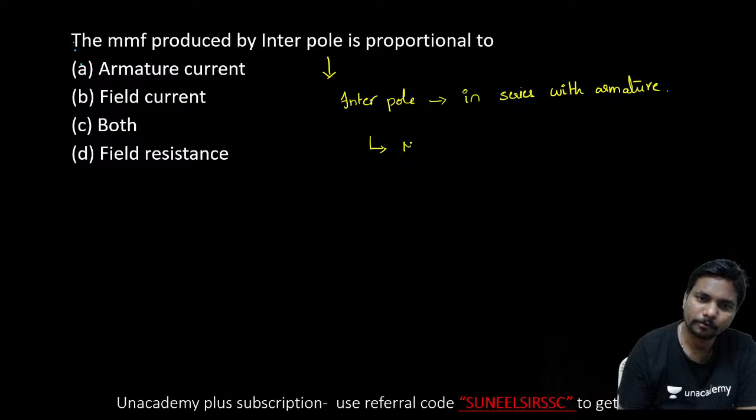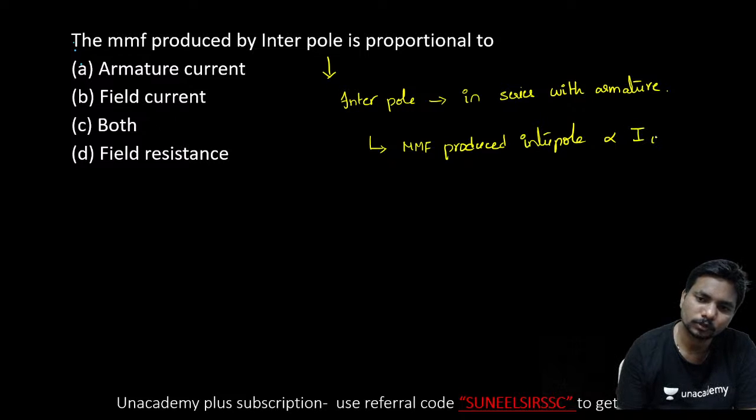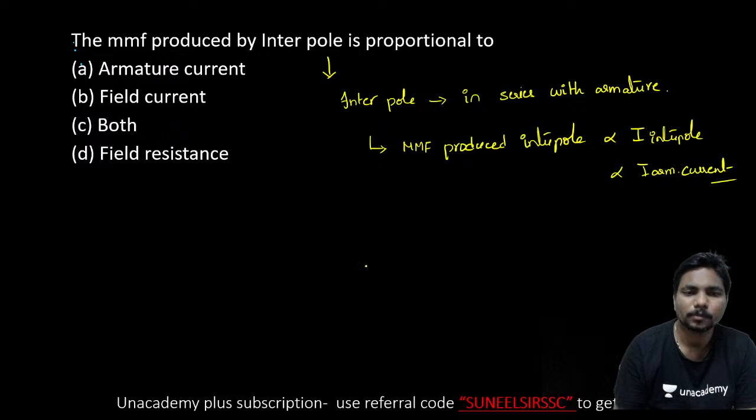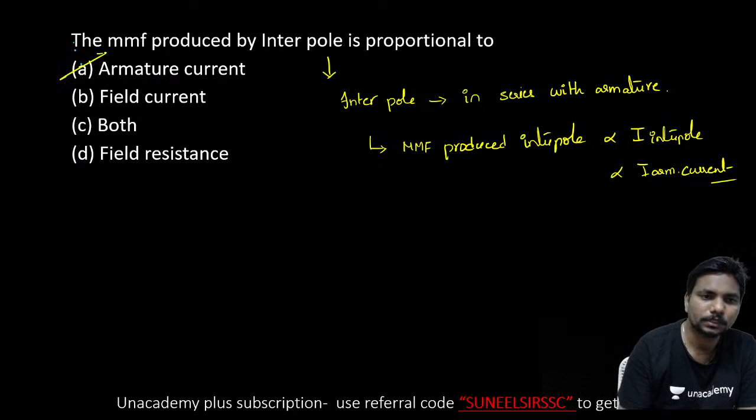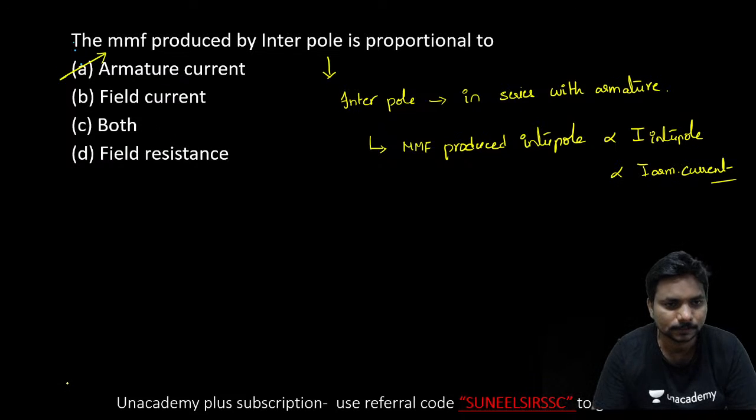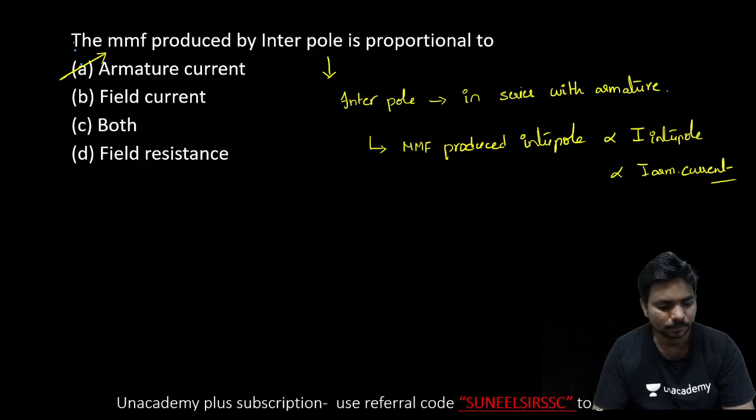So the MMF produced by interpole is directly proportional to current flow in interpole, that is nothing but current flow in armature, which is the armature current. So it is directly proportional to armature current.